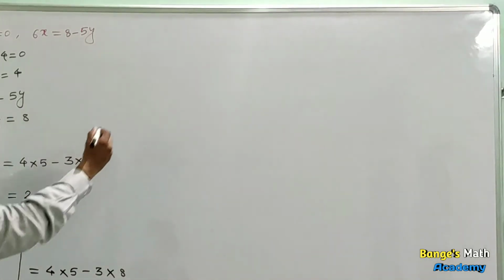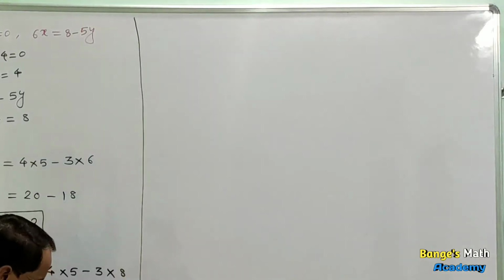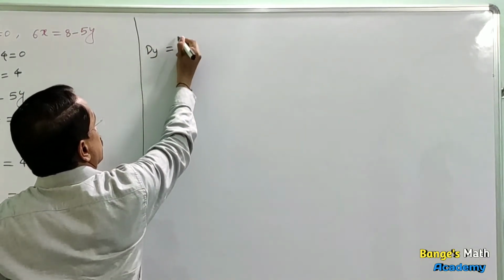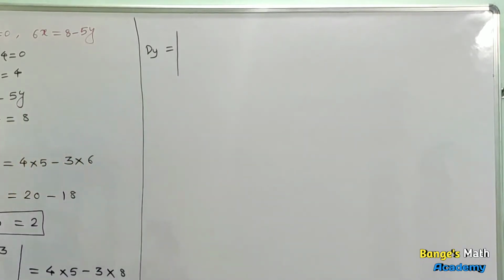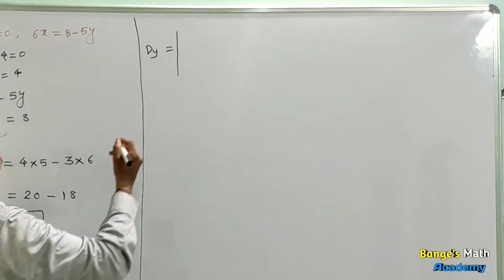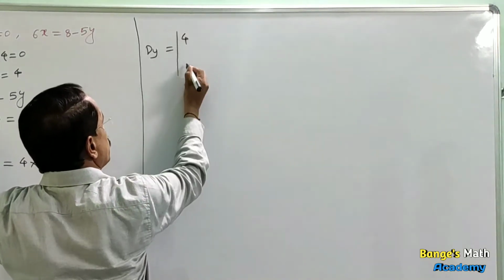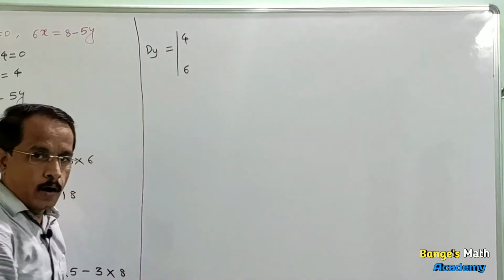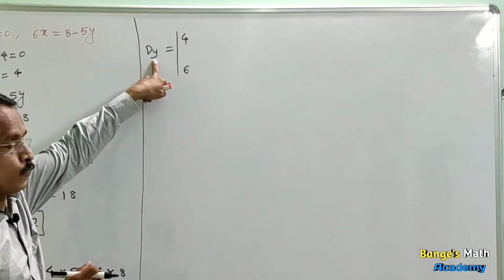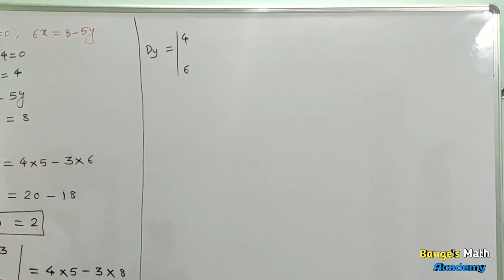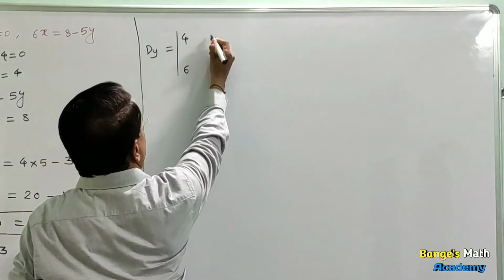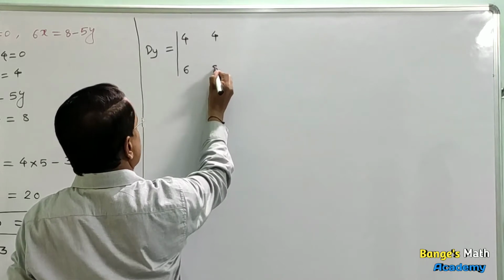Then find the value of dy. In the first column write down the coefficients of x, 4, 6. In the second column hide the coefficient of y and at this place write down the constant terms 4, 8.